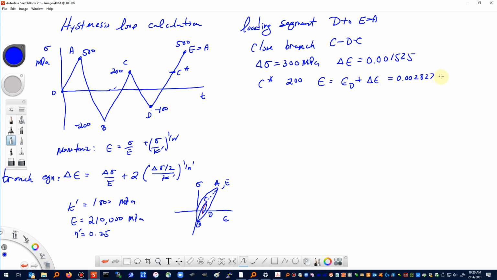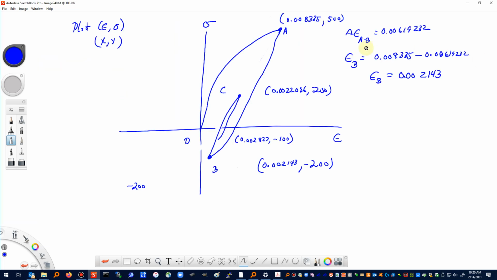We're going to add the 0.001525 to that. And so when we go back to this plot, we're closing this branch.